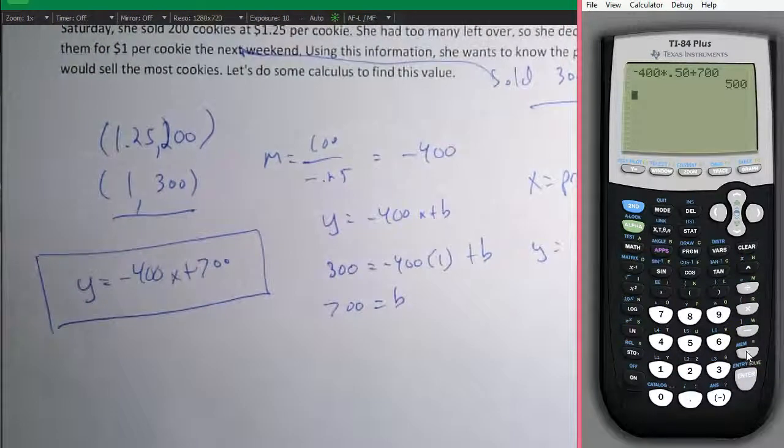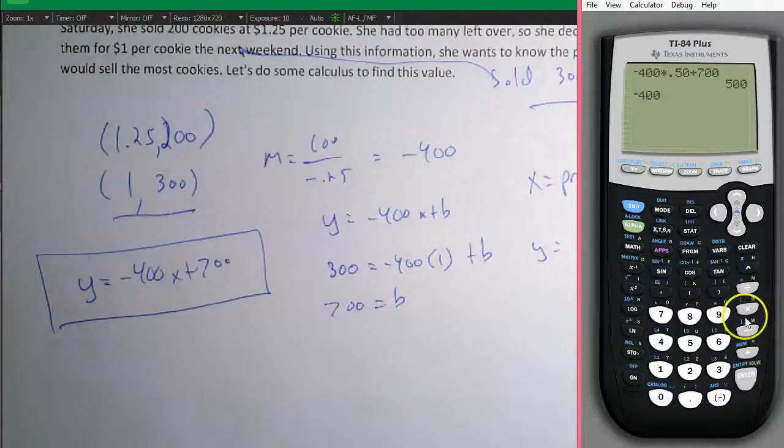Now what we'd like to look at is whether that is the best price based upon this information. What that means is we might not be able to really sell 500 cookies. I can't imagine that I will sell them for 10 cents apiece or 1 cent.